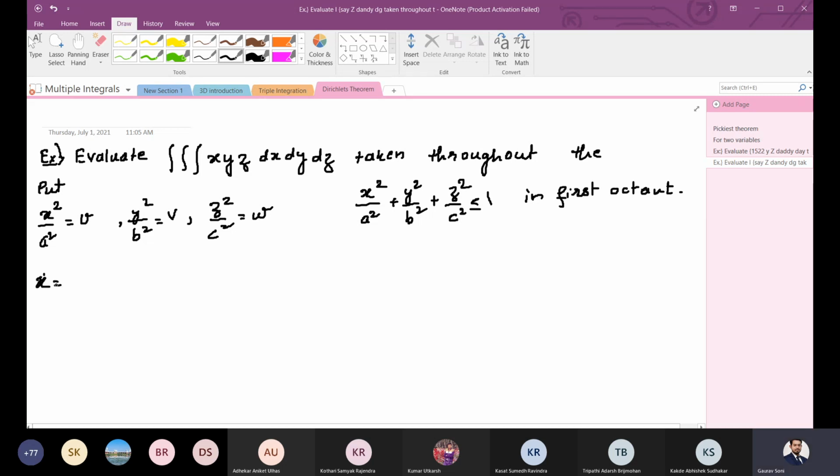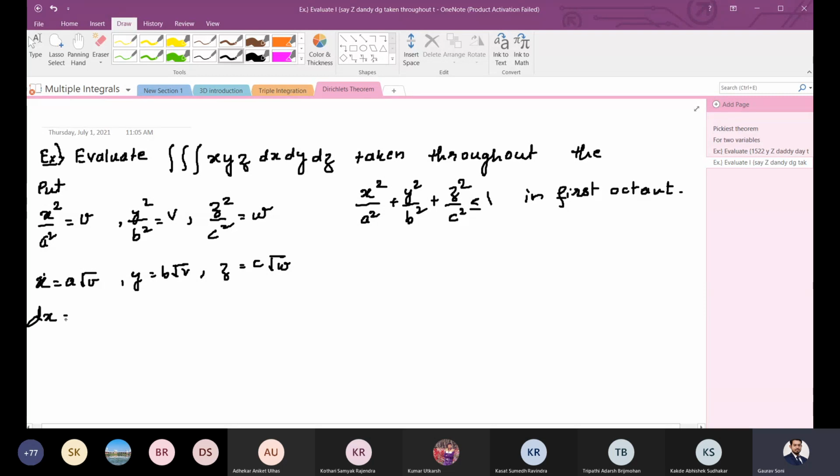So x is equal to a root u, y is equal to b root v, z is equal to c root w.